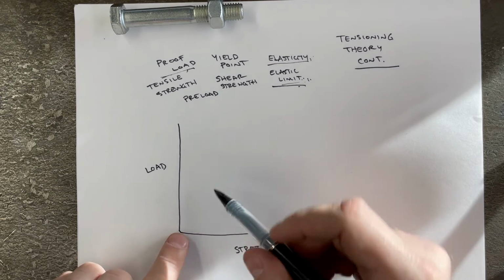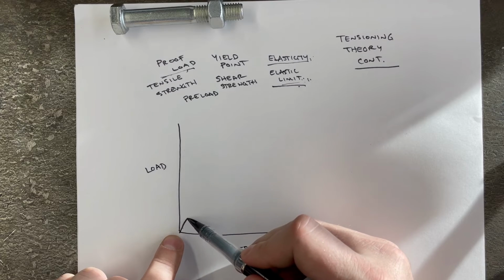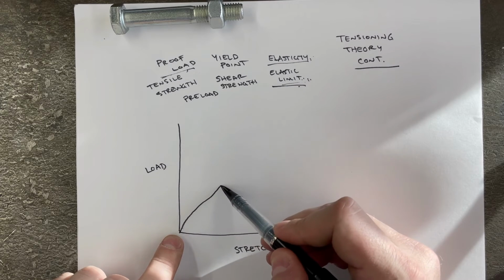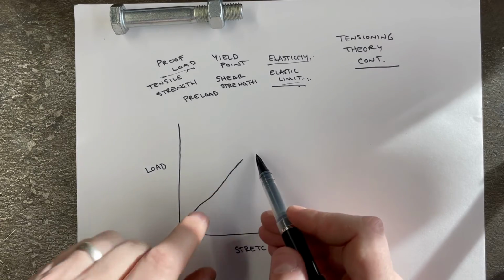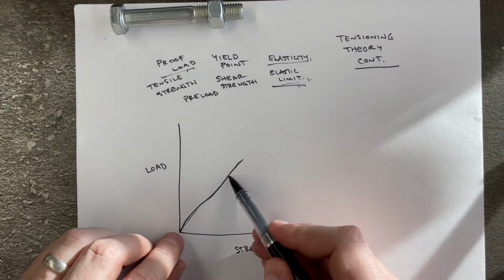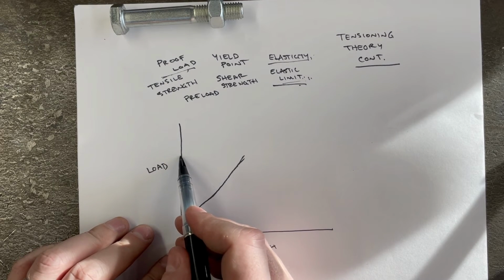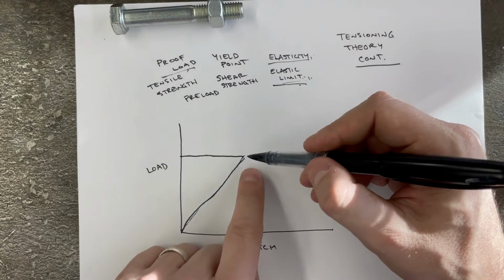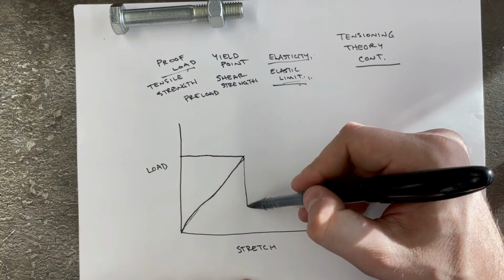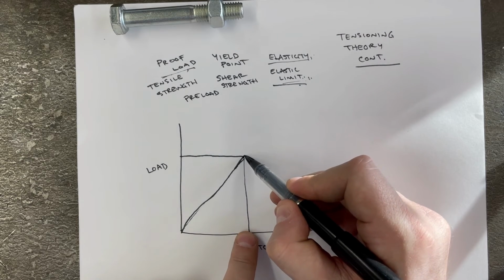When we stretch a bolt, we can actually apply a lot of load to it, and it's going to reach a certain point where we're going to cross over the elastic limit. The elastic limit is the last possible point where we stretch the bolt where it will return back to normal.